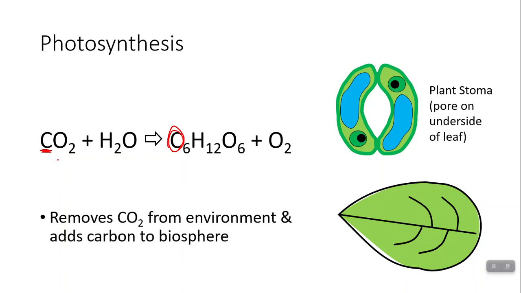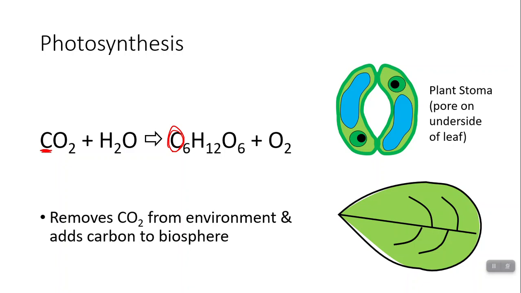So the carbon that comes in through carbon dioxide is going to end up becoming incorporated, or made part of, a glucose molecule. This process removes CO2, removes carbon from the environment, either the atmosphere or the water, depending on what organism you're looking at, and it adds that carbon to the biosphere.